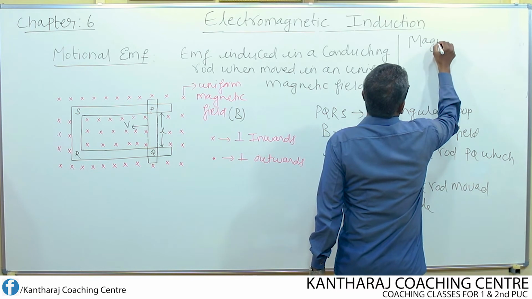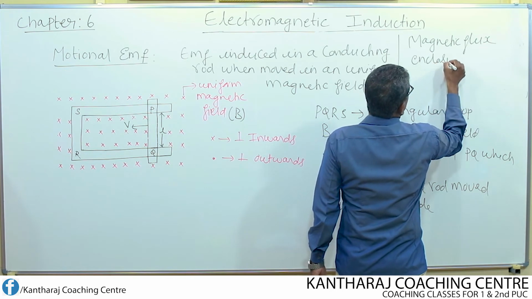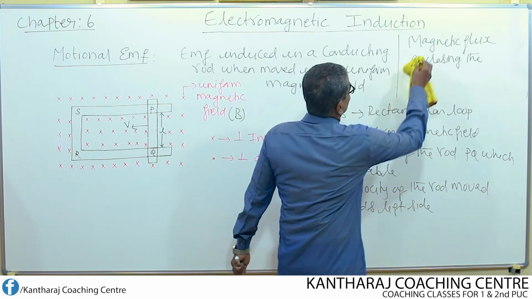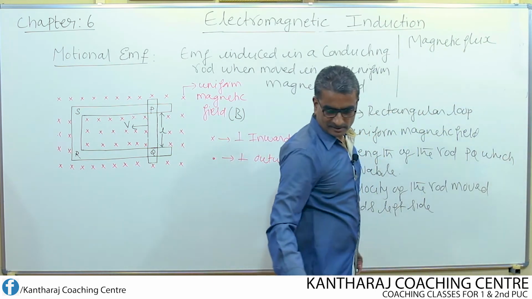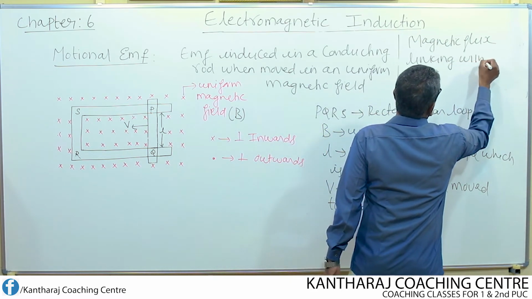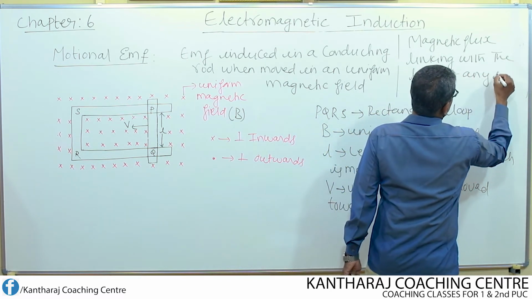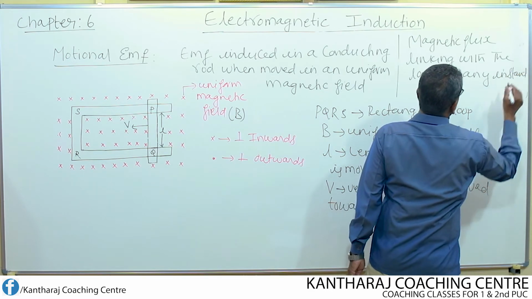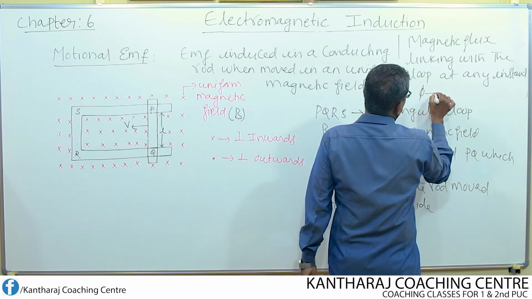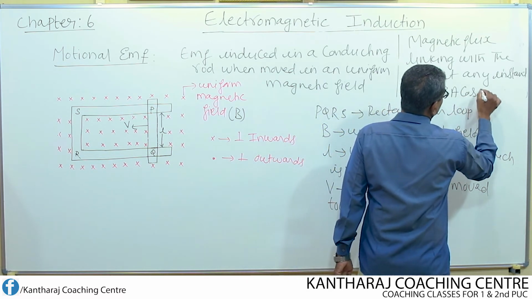The magnetic flux linking with the loop at any instant when the rod is moved is given by phi equal to B into A into cos theta.